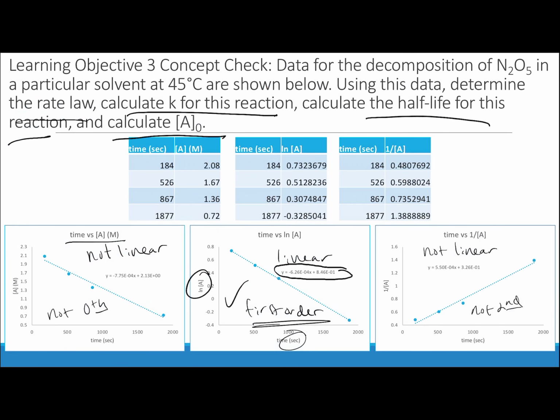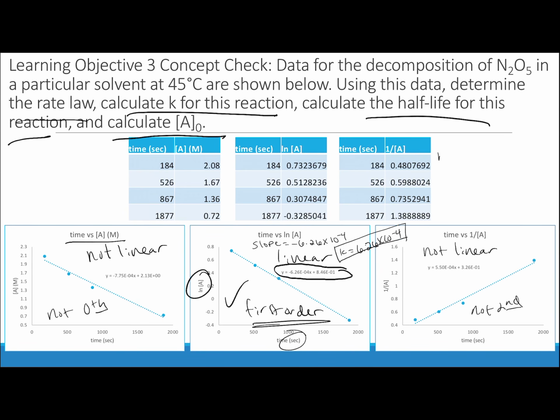So our slope here is equal to negative 6.26 times 10 to the negative 4, which means that our k is equal to 6.26 times 10 to the negative 4. So it's the positive value of that. Next, we want to determine our rate law, which we already did. So we have first order.